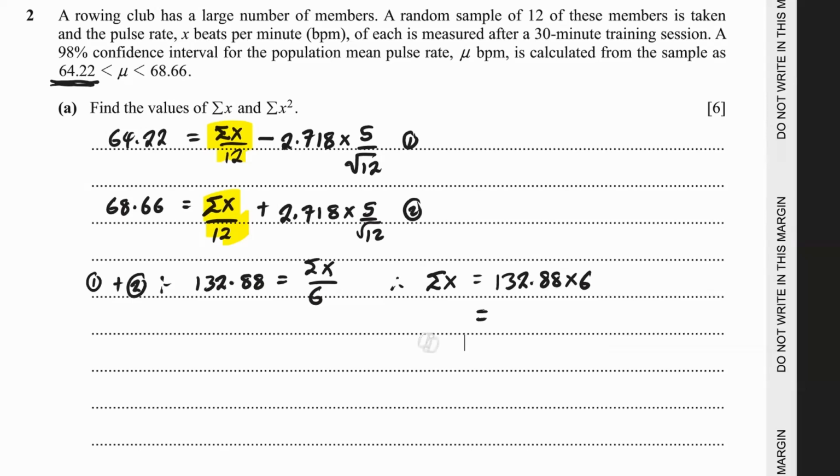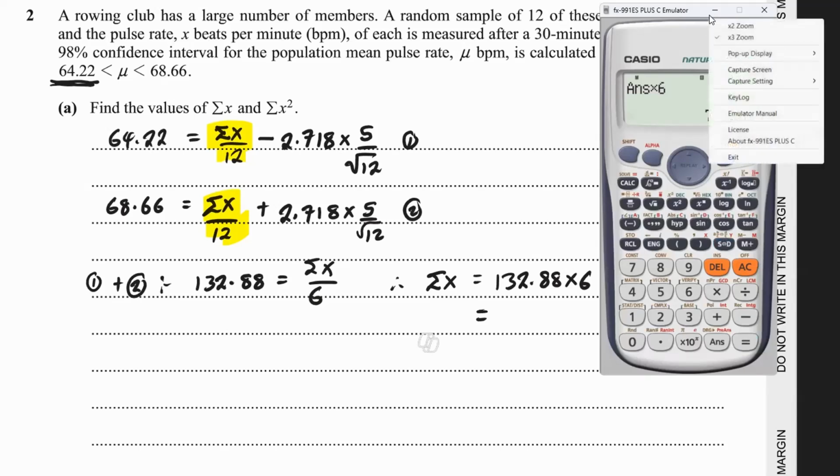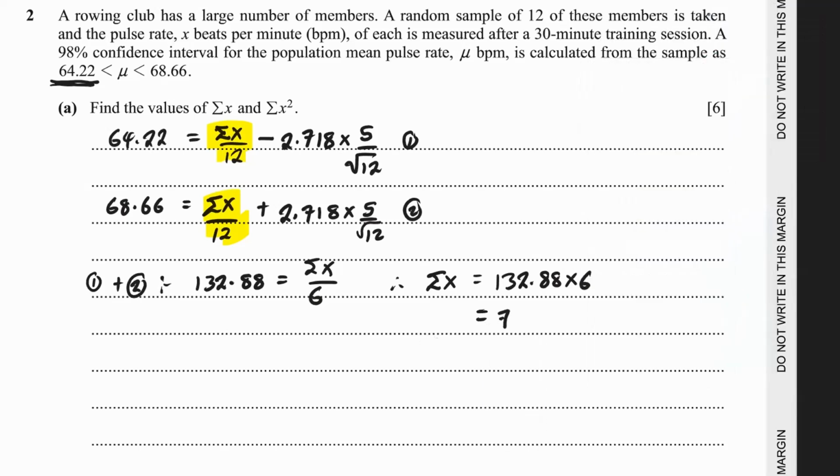And 132.88 times 6 gives us 797.28. So that's our first answer. 797.28 is the sum of x.